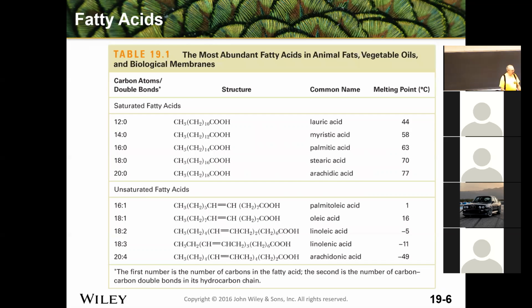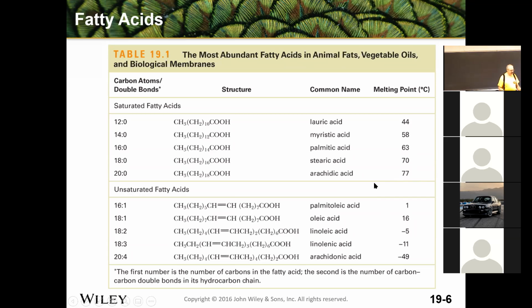Here are some representative fatty acids. These are found in natural products like animal fats, vegetable oils, and biological membranes. Here are the saturated fatty acids, no double bonds, that's what the 0 indicates. As we increase the number of carbon atoms, we see that the melting point goes up.